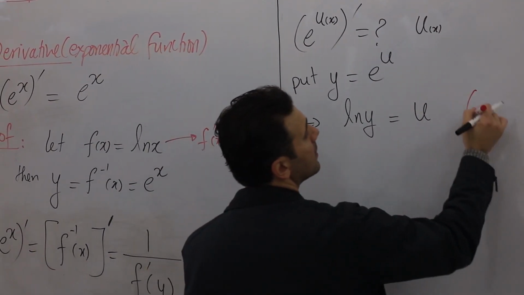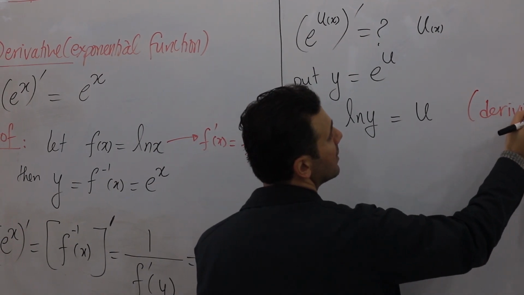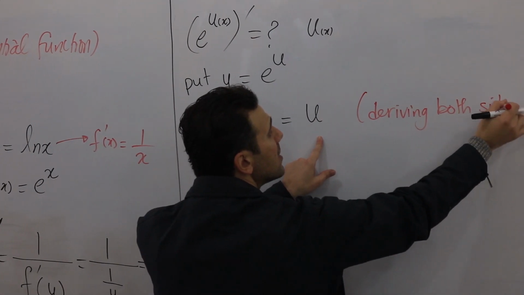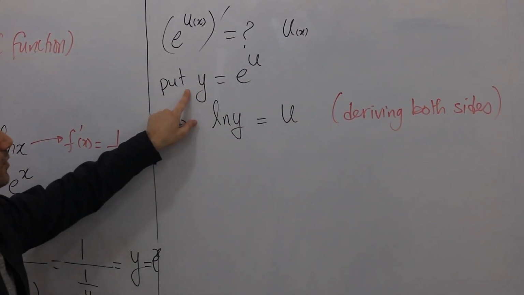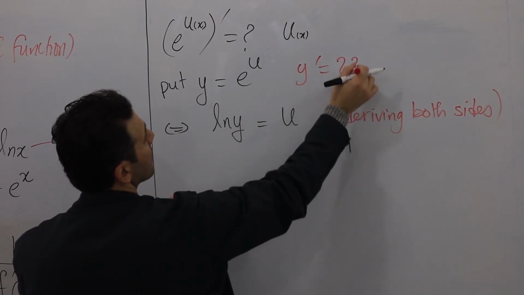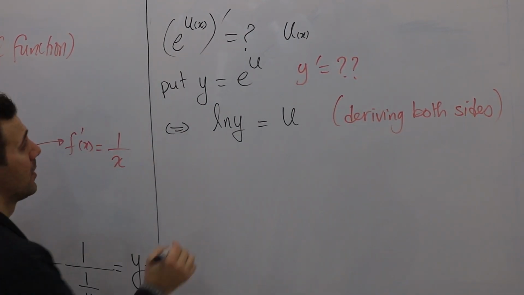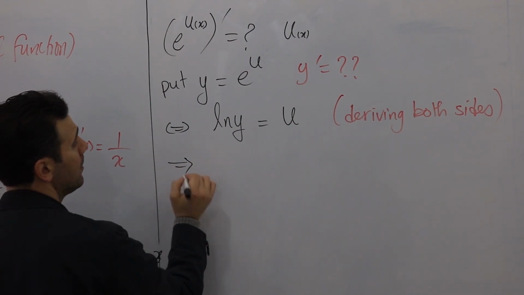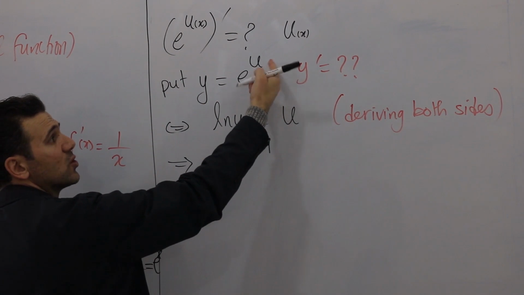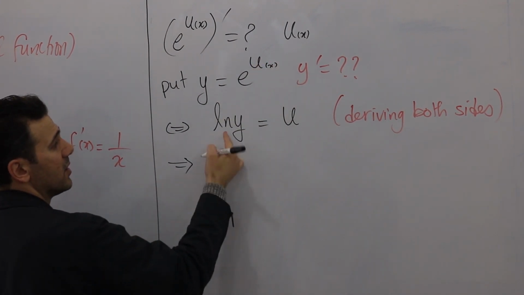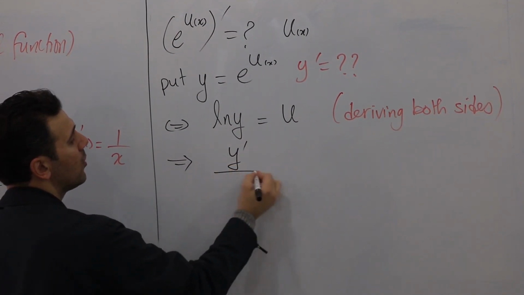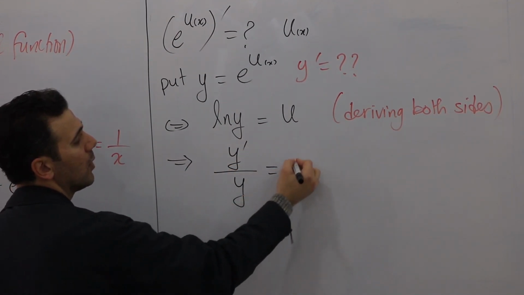Now, deriving both sides of this equation helps to get the derivative of y, since we need y prime. Since u is a function of x, the derivative of ln y is y prime over y, which equals u prime.